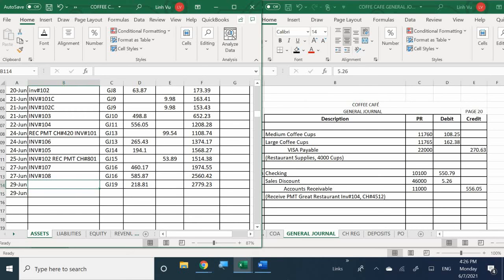Invoice 104. Payment check number 4512. General Journal 20 for $550.79. Running total is $2,228.44.